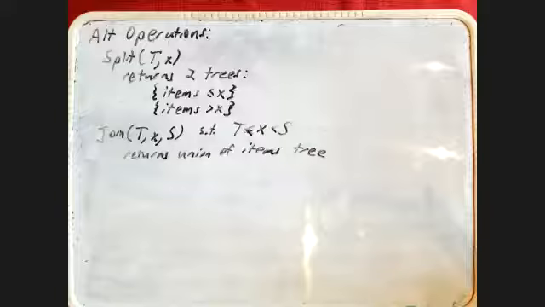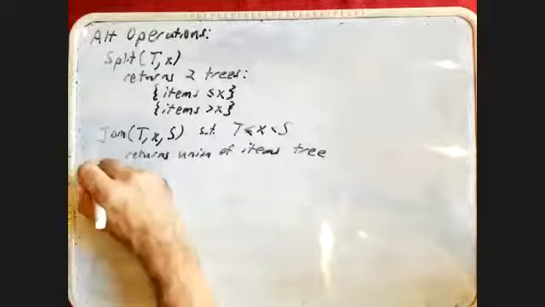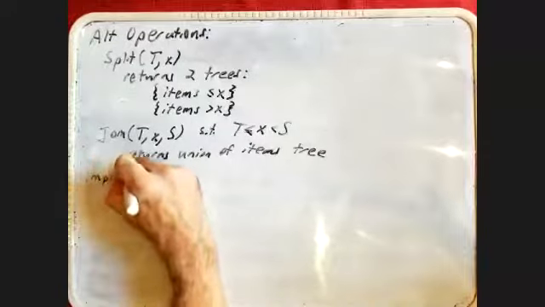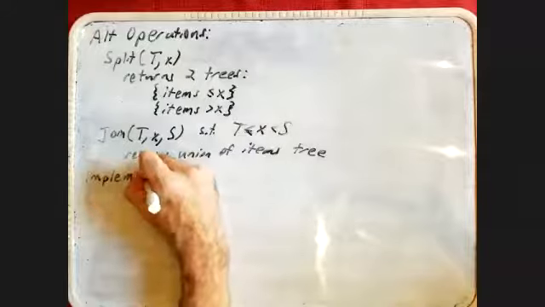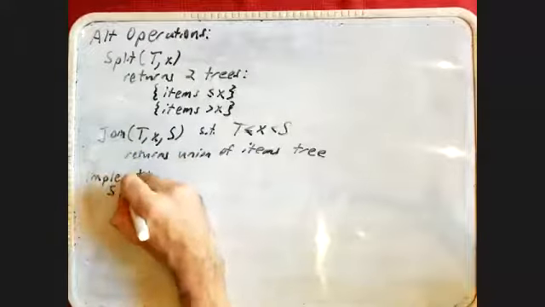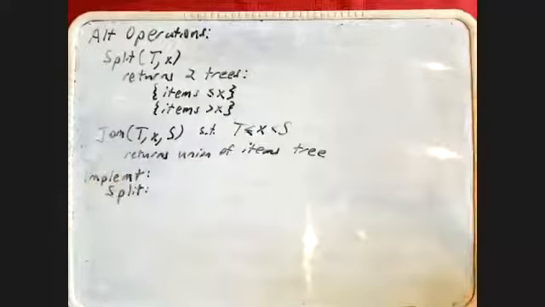Okay. So let's talk first about how you implement split. So I've got a tree. Let's assume X is in it, although you can use the successor of X if X is not itself present, or the predecessor of X. How can we split the tree into two trees with the smaller and larger keys?